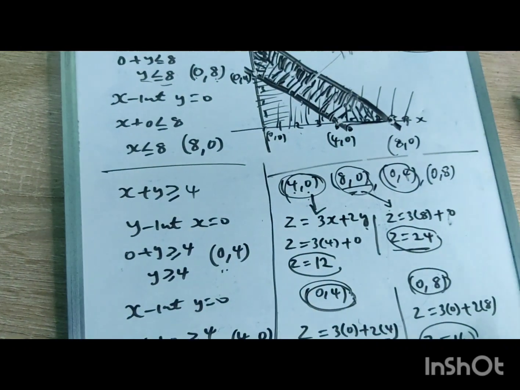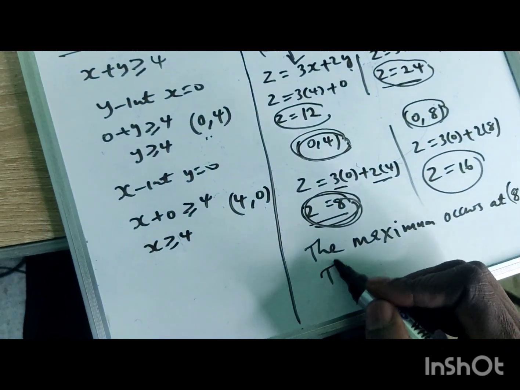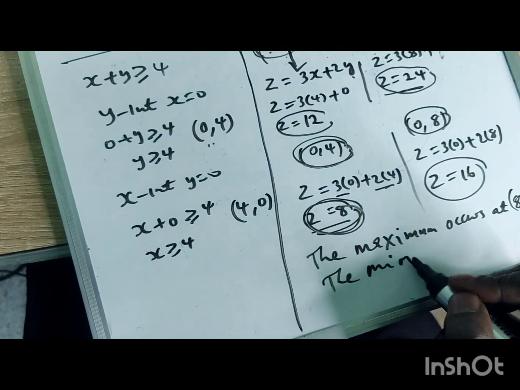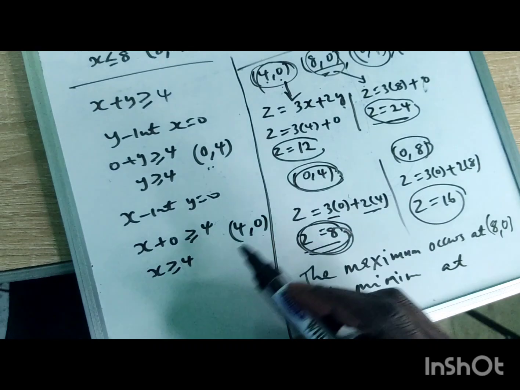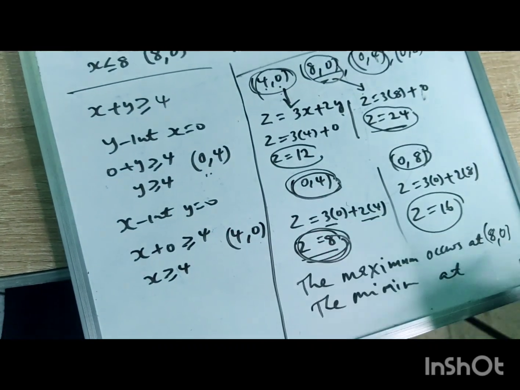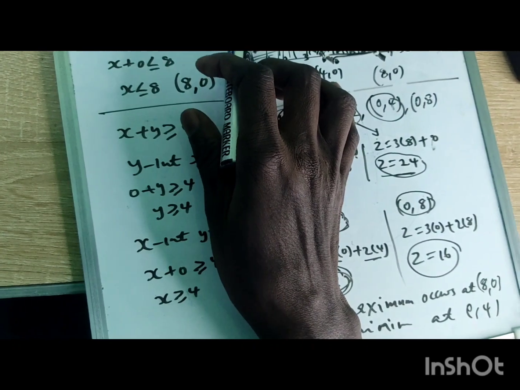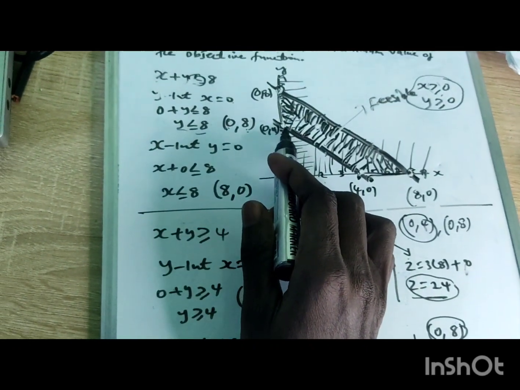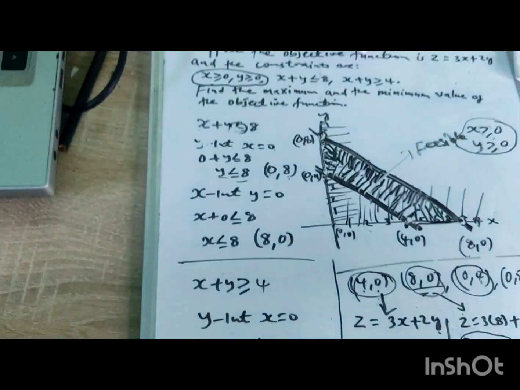The maximum value occurs there for the objective function. And the minimum is at 0, 4. Minimum at 0, 4, at this point. So this is what this example is about.